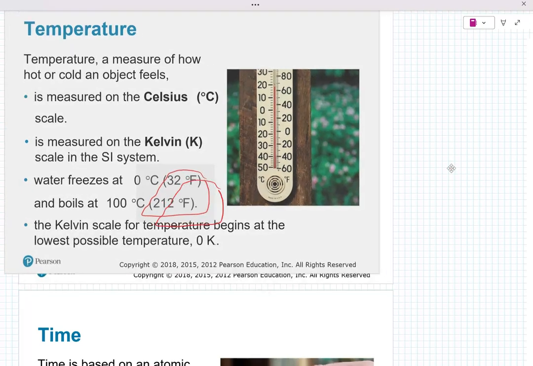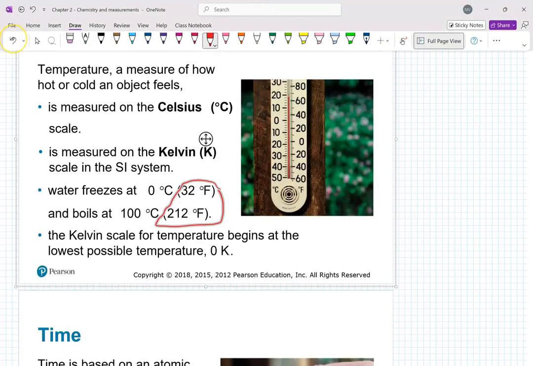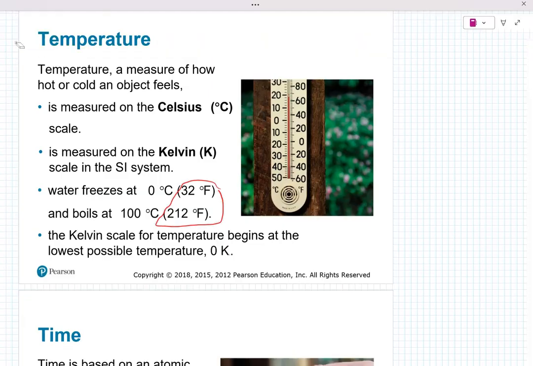In Celsius, the temperature of water freezing is 0, and water boils at 100. Okay? All good? Now, this is boring and pedantic, and I know that.